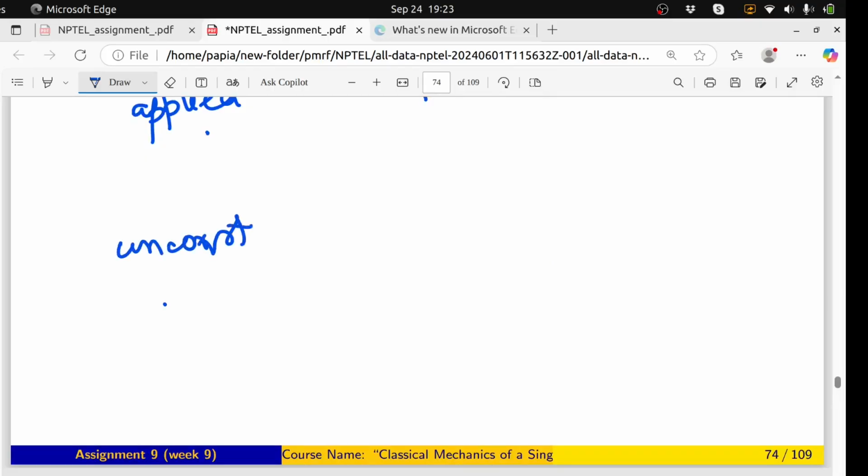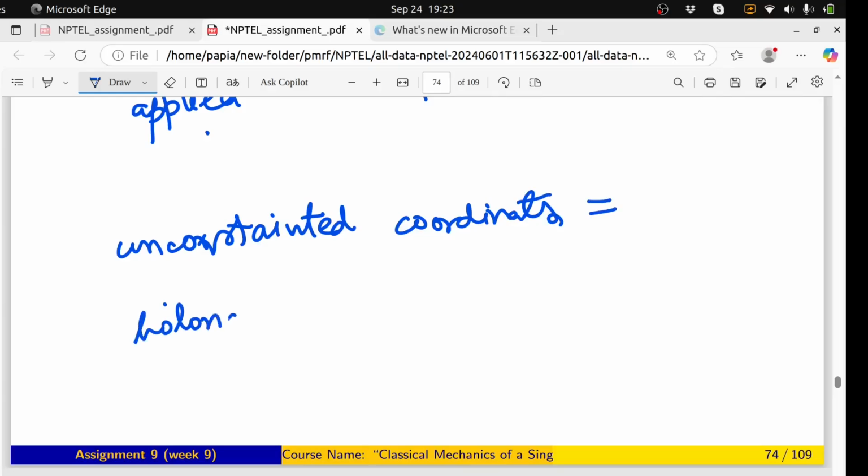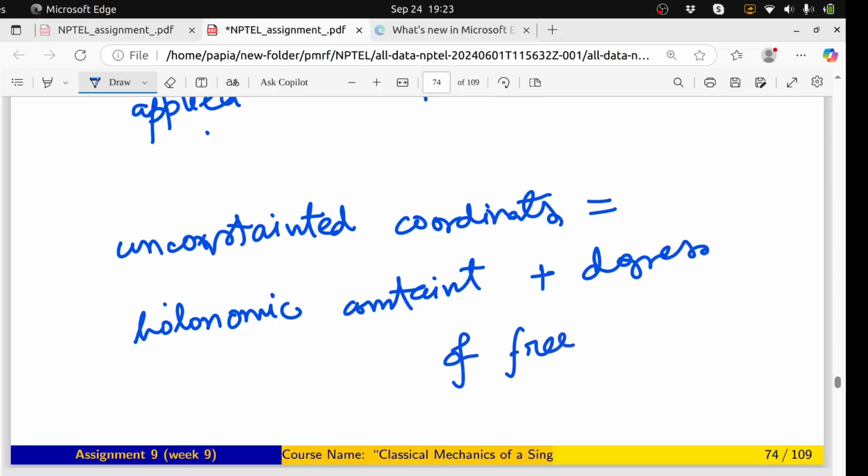Okay. So now we can understand that unconstrained coordinates is equal to holonomic constraints plus degrees of freedom.